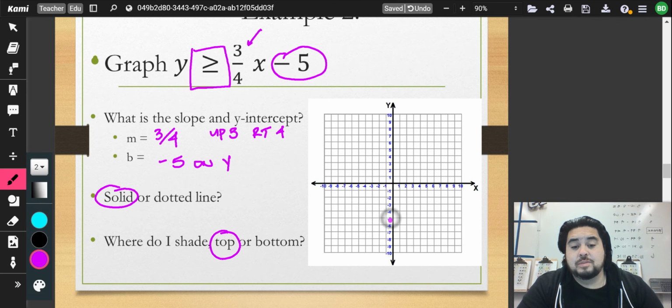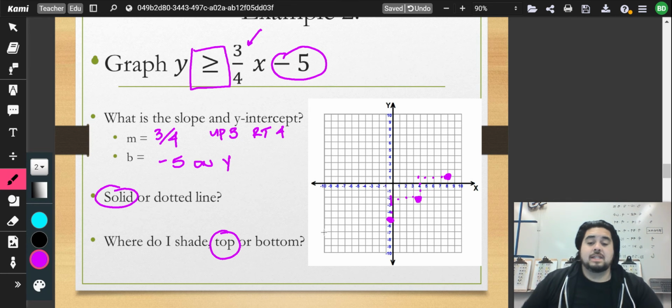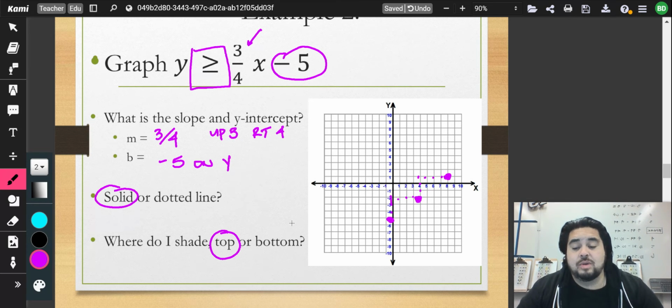That's going to be our first point. We're going to follow our slope going up 3, 1, 2, 3, and then we're going to go right 4, 1, 2, 3, 4. We can repeat that process one more time: up 1, 2, 3, right 1, 2, 3, 4. And again, you can repeat that process going forward or backwards as many times as you want. I just like to have 3 points on my line.